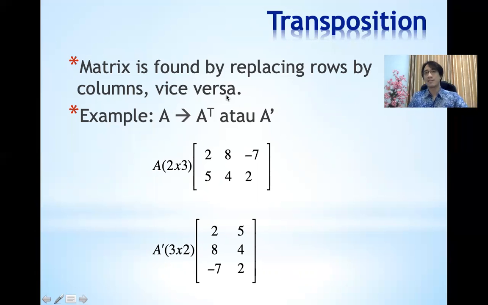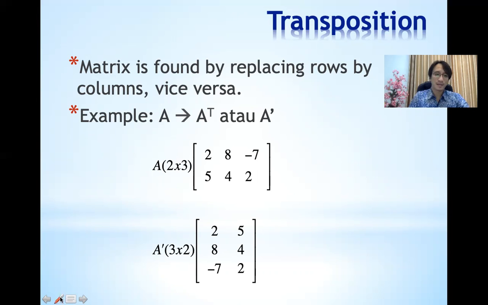After the operation, we also have the transposition of matrix. The transpose is found by replacing row with column and vice versa. So replace the row with the column and the column with the row.